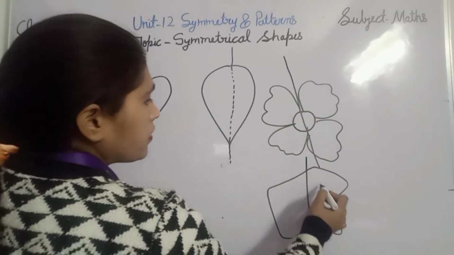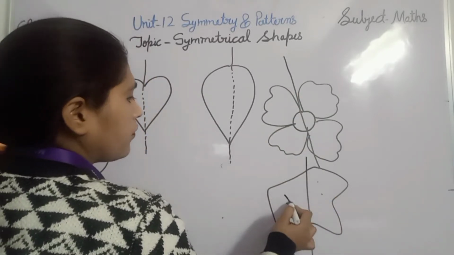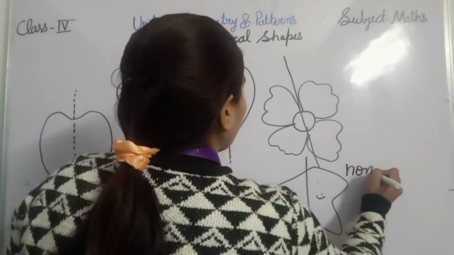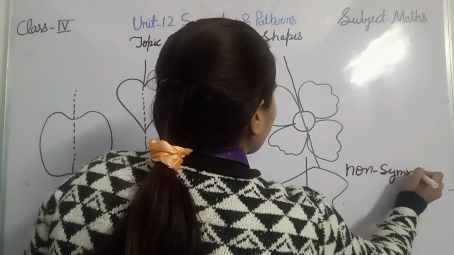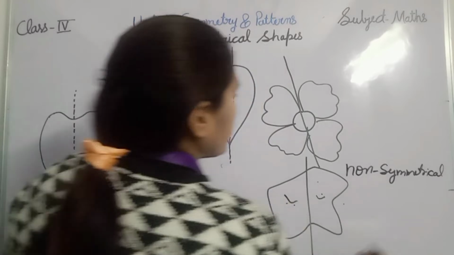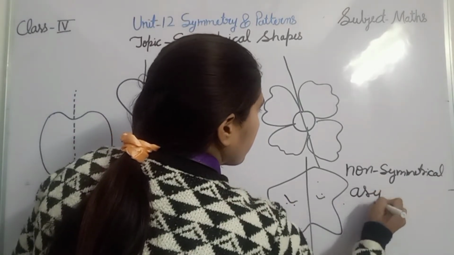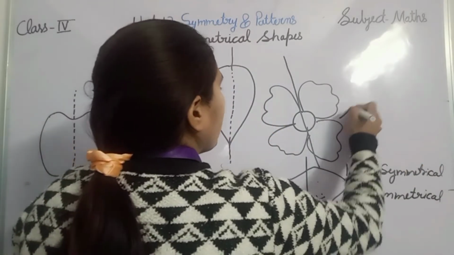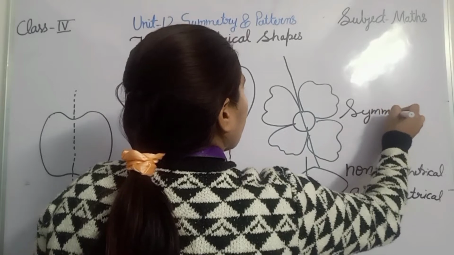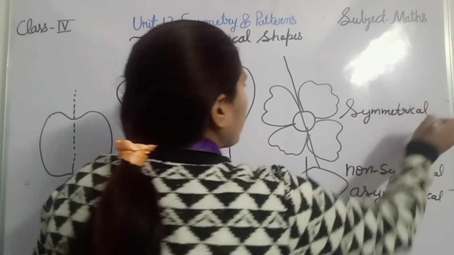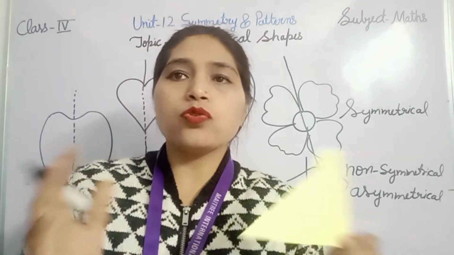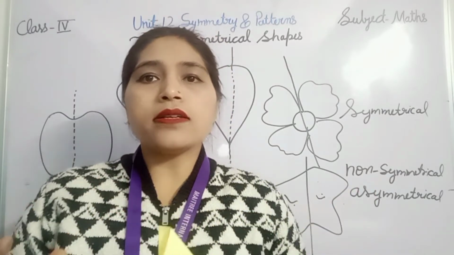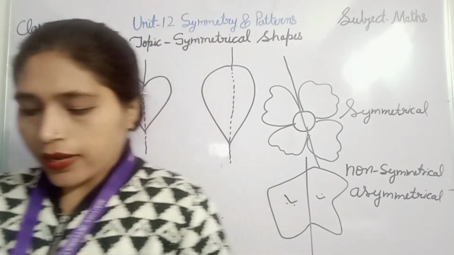But in this shape, this is not similar. This is different and this one is different. So this is called non-symmetrical, or you can say asymmetrical, and this is called symmetrical shapes. Clear? If you divide any shape into two parts and both parts are the same, those are called symmetrical. If both parts are different, those are called non-symmetrical or asymmetrical.